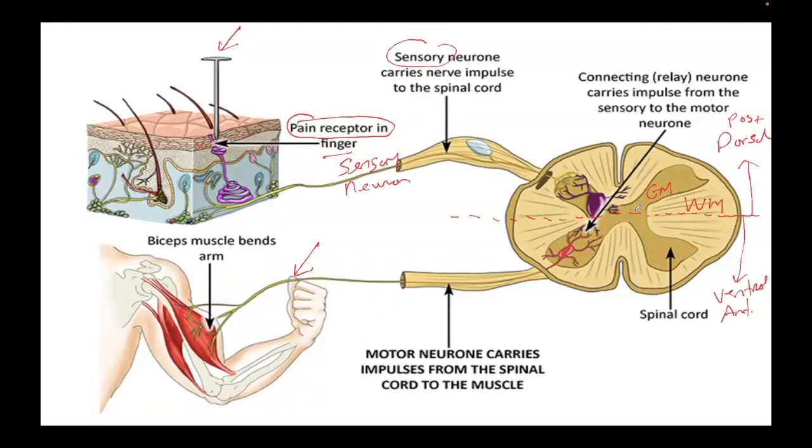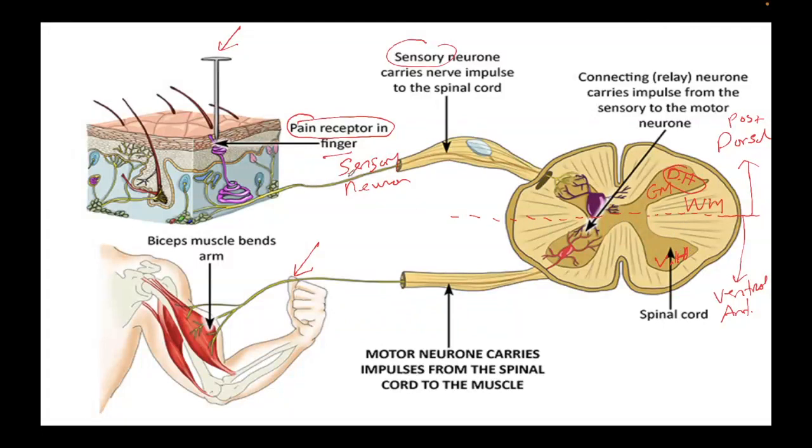Now, in the gray matter, these horn-like structures are actually called horns. Back here, these are called dorsal horns. That's a dorsal horn. Well, if that's a dorsal horn, guess what this one's called? This is called a ventral horn. You have dorsal horn and ventral horn.